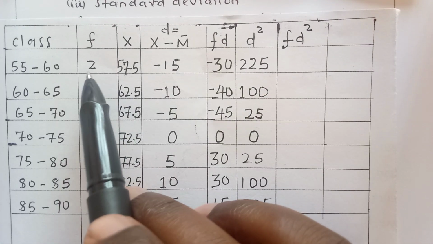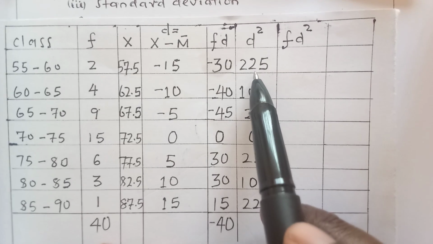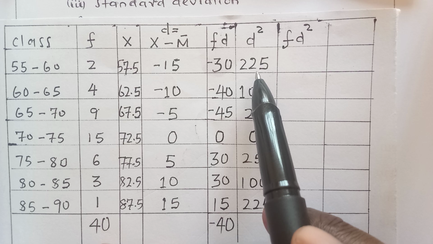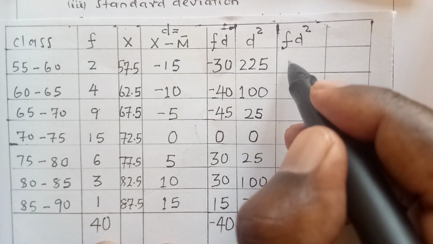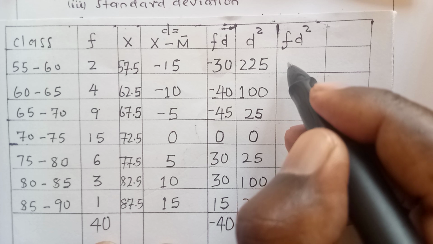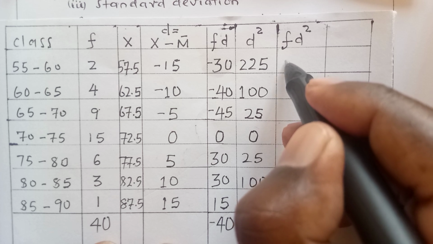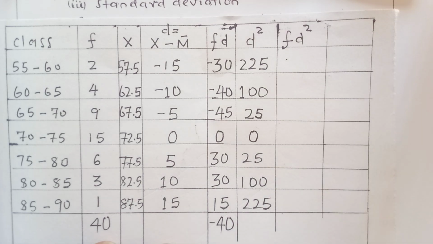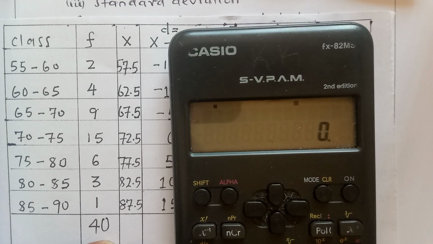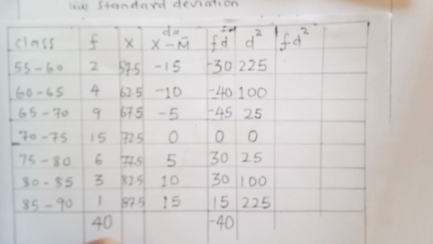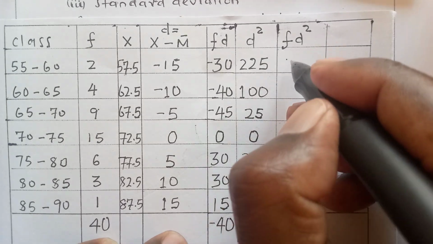So we multiply 2 by 225. That is going to be 450. 225 times 2 is actually 450. So this one is 450.